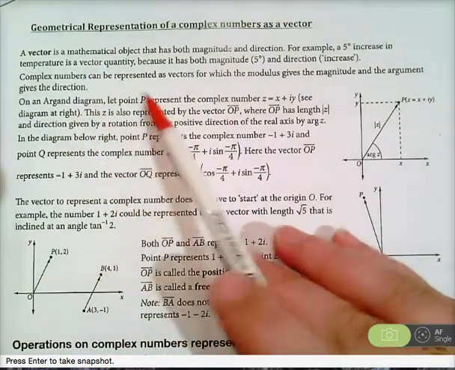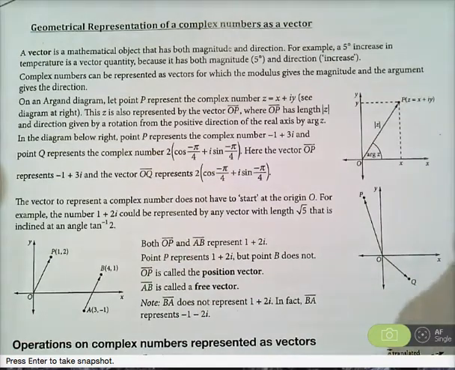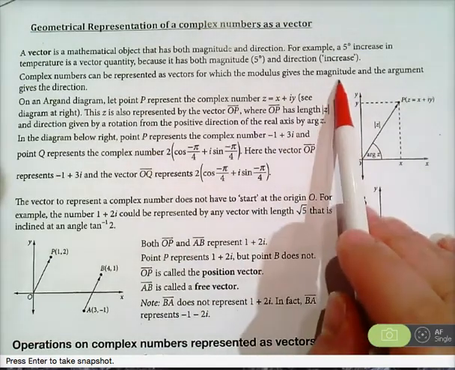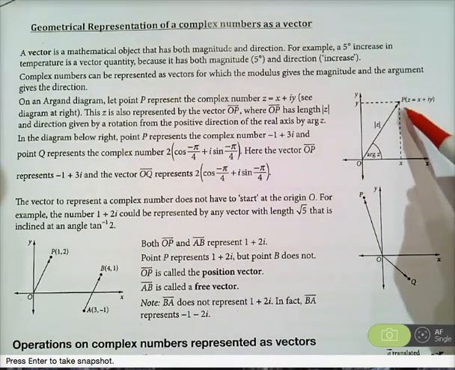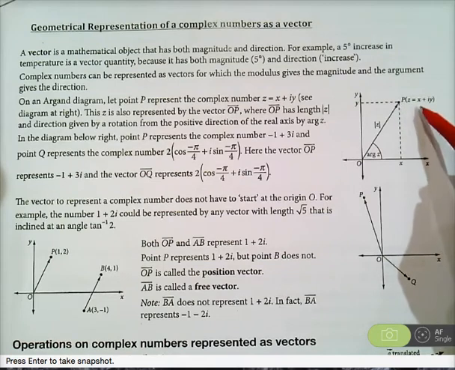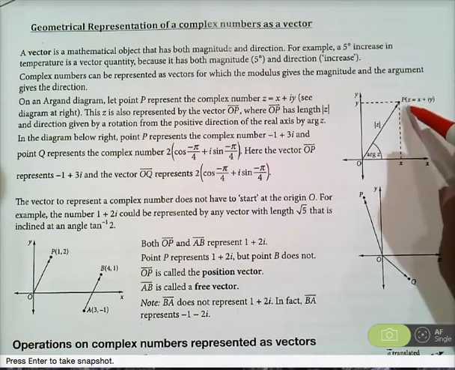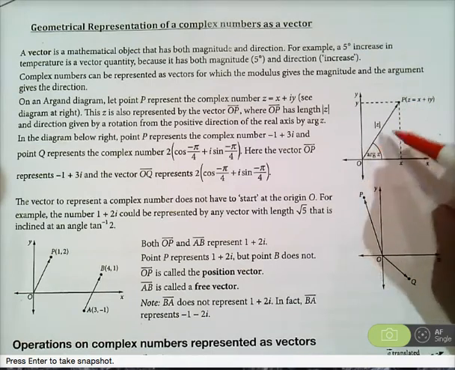Now, complex numbers can also be represented as vectors for which the modulus gives us the magnitude and the argument gives us the direction. So for example, here on our Argand diagram, where P is the point Z, which is x plus yi, we know that we can represent Z by the vector OP.